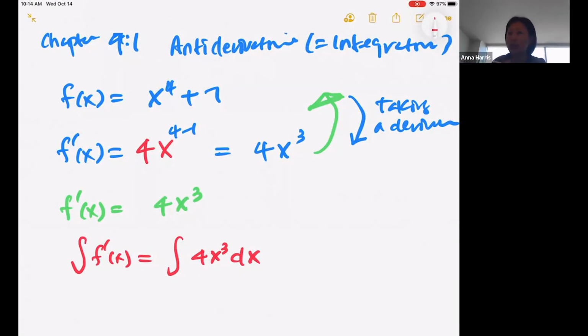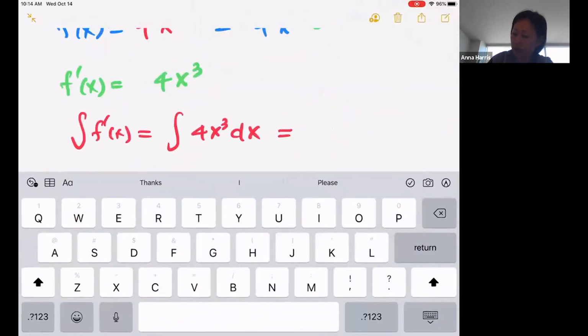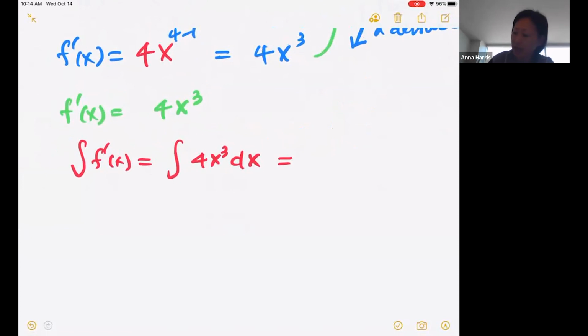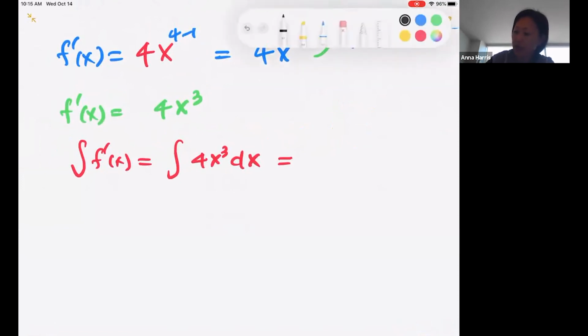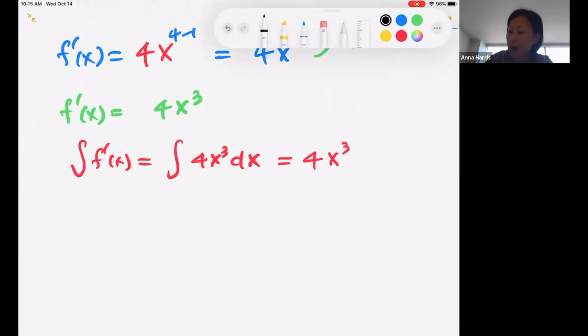That's integration. So I'm going to do exactly the opposite. I used to multiply, so now I will divide. I'm not going to do anything to my 4, so I'm going to leave 4x to the third, and I will divide it by my power.